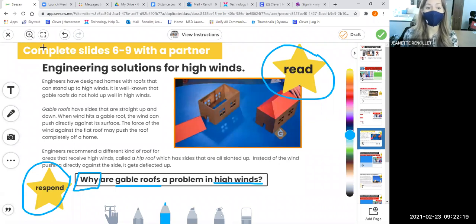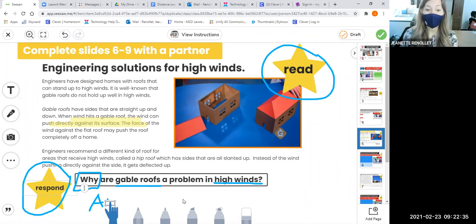With your partner, you are going to read this text, highlight text evidence, and type your answer below. There are 3 jobs with your partner. Read the text, highlight evidence, and type your answer. After partners have completed that, we will share out some of these sentences that we came up with.